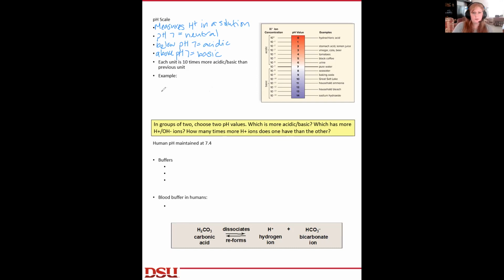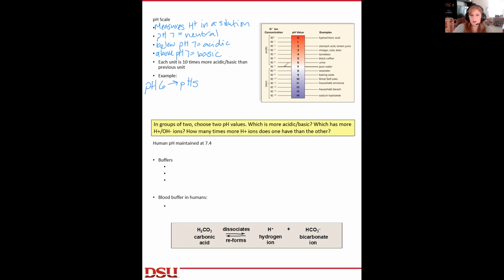Let's do an example. So if I go from a pH of 6 to a pH of 5, what's the difference here? What's the change difference?